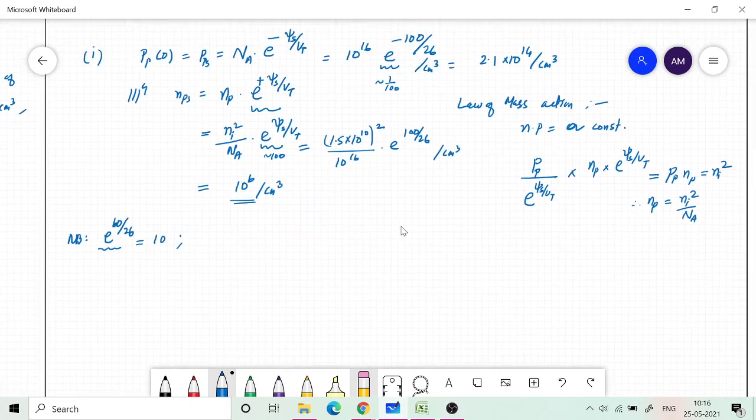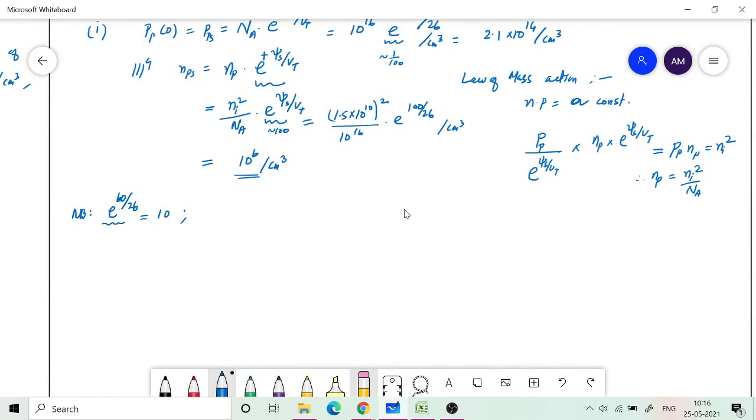Now what about case 2? Same thing, but it is now for 200. For case 2, PPS is basically 10 raised to 16 into e raised to minus 200 by 26, and that comes around as 4.56 into 10 raised to 12 per centimeter cube.